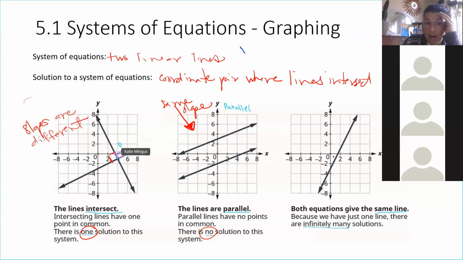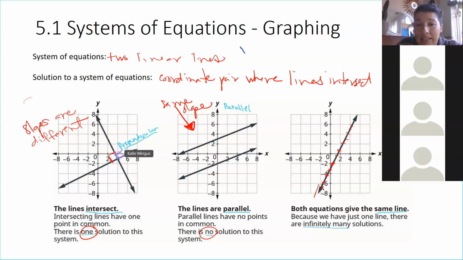And then let's look over here on the right side. If you squint really hard, what you actually see here are two lines. One is graphed right on top of the other. So really, they have every single coordinate pair in common, meaning all these coordinate pairs are solutions.